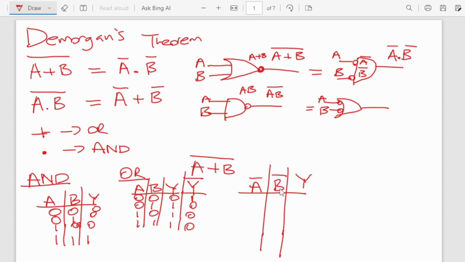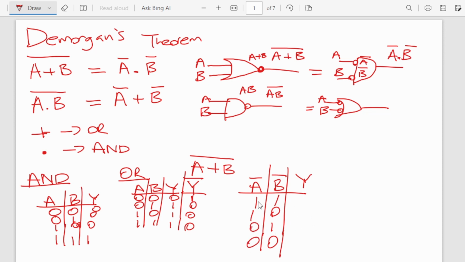So again here, we'll start with 1, 1. Let's just get the opposite here. So the opposite of B is going to be 0 here, and then 1 here, and 0 here. And the opposite of this one is going to be 1, 1, 0, 0, right?